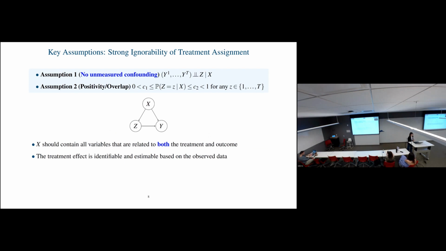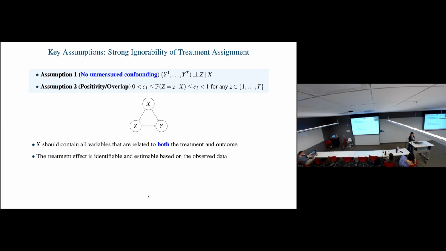So the formulation is here, but the implication is that X should capture all the variables that are related to the treatment assignment Z and outcome Y. So it should capture all the common causes of Z and Y. Then conditional on X, the treatment assignment is as good as randomization. Okay, so then we can have some kind of conditional randomized experiment for observational study.